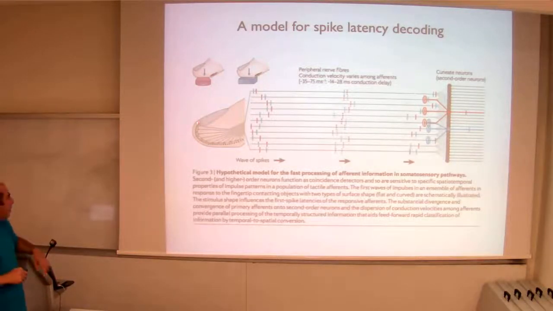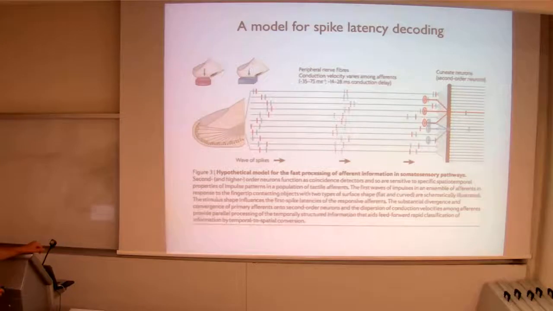It is applied to the finger, and there are many receptors here which are responding to the stimulus, and they would respond with different latency with these two stimuli. So, for example, this receptor here would spike first for the blue stimulus and later for the red stimulus.